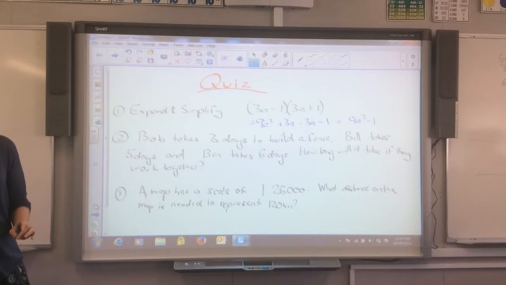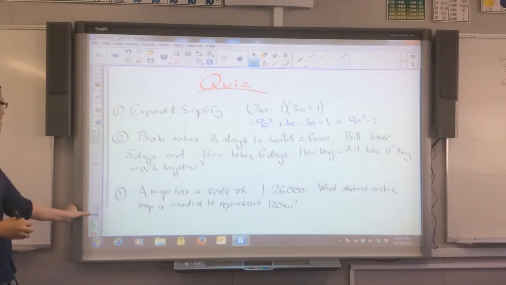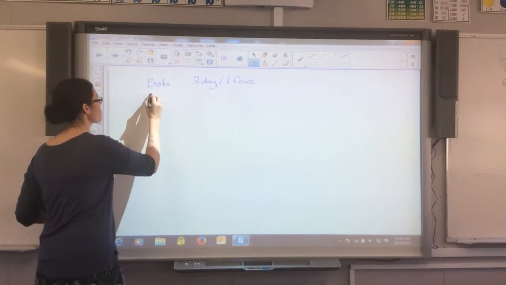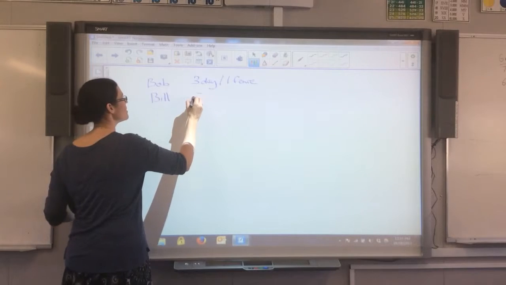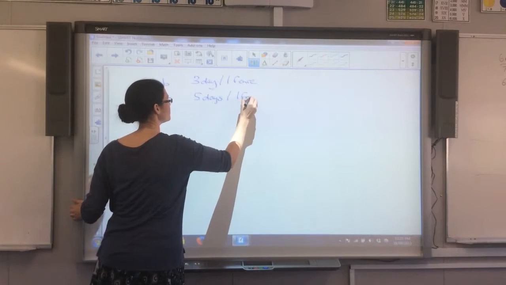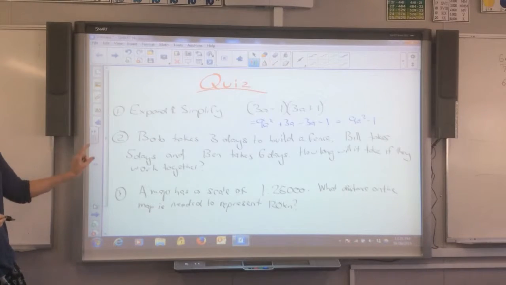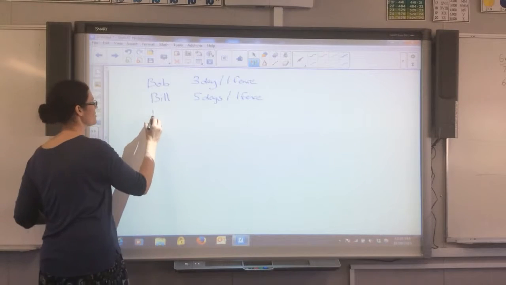Next guy, we have Bill, and he's taking 5 days to build one fence. So Bill does 5 days for one fence. And then we have Ben, who's doing 6 days.